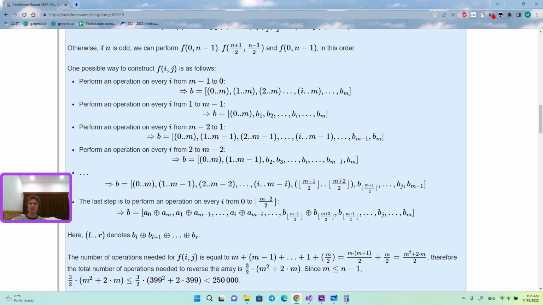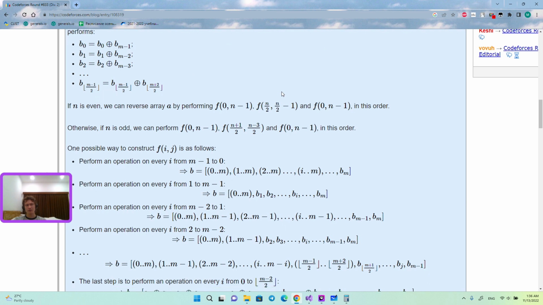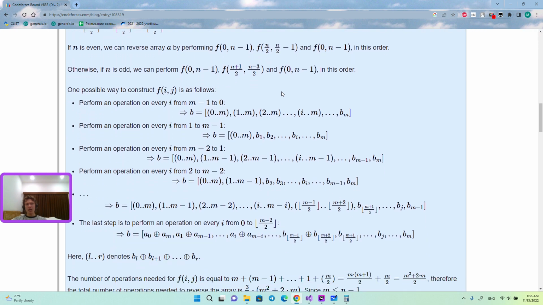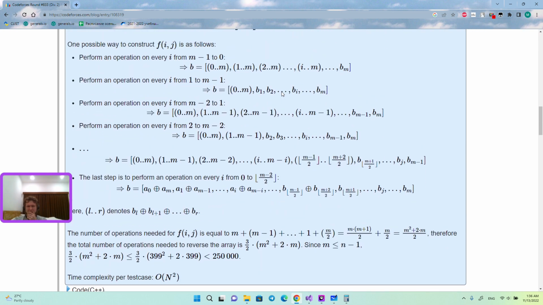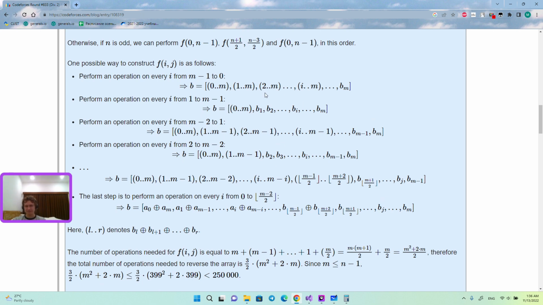Okay, first we want to XOR the right half to the left half. First of all, we do these operations from the right to the left. It is understandable.